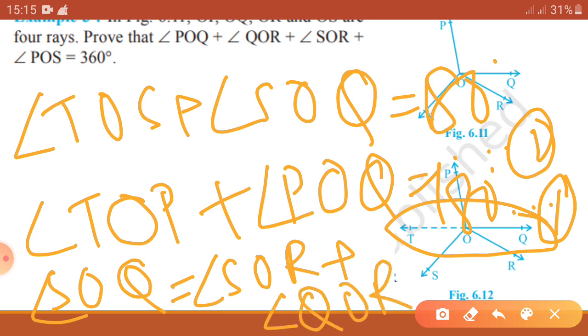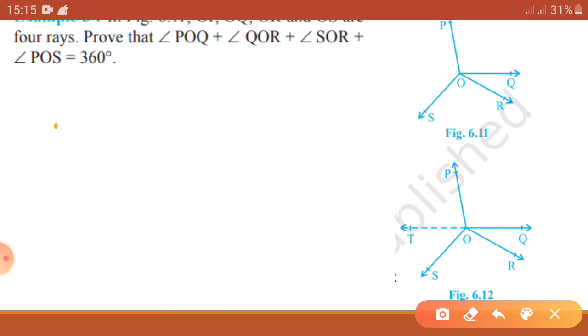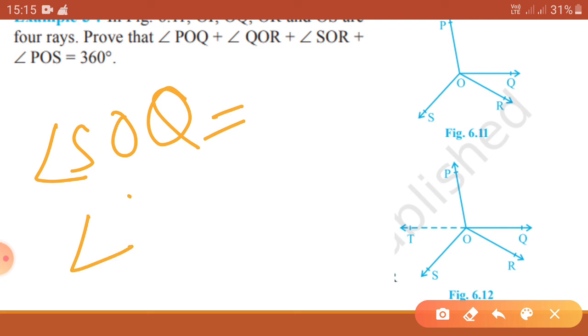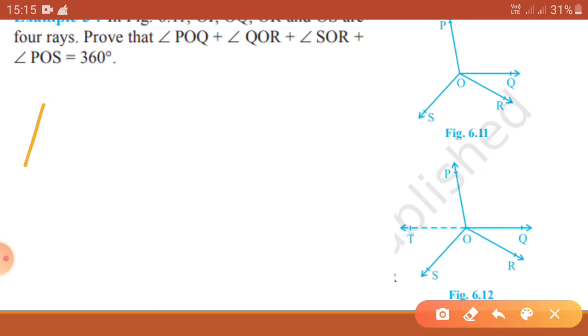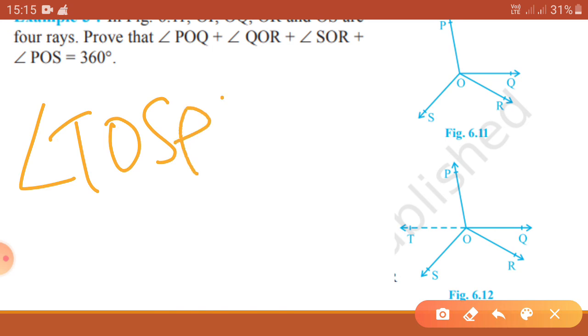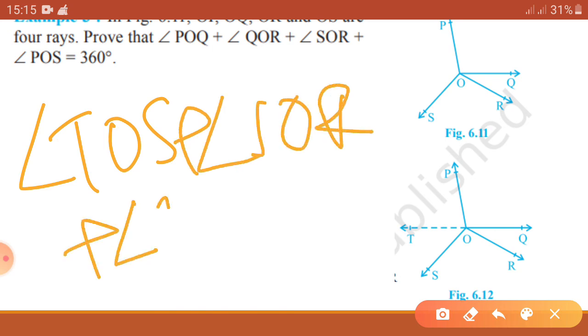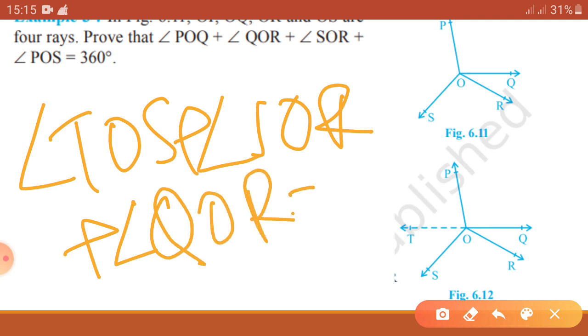So equation 2 becomes angle TOS plus angle SOR plus angle QOR is equal to 180 degree.